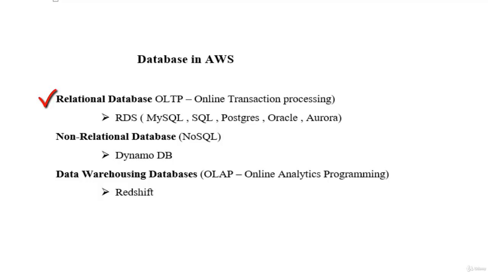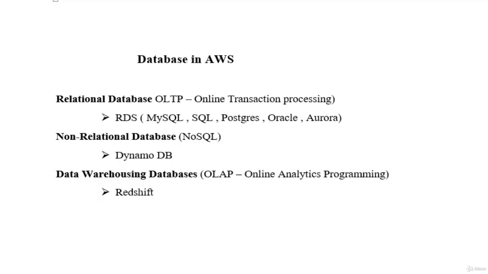Aurora is Amazon's own relational database, developed by Amazon itself. And in non-relational database, we have DynamoDB, and in data warehousing databases like OLAP, online analytics processing, we have Redshift.